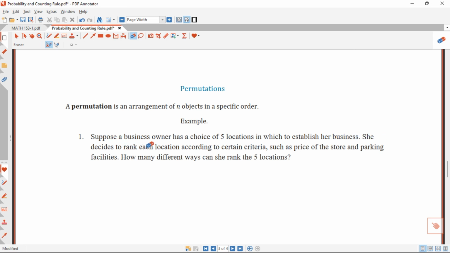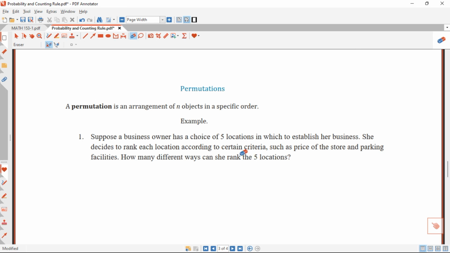She decides to rank each location according to certain criteria, such as price of a store and parking facilities. How many different ways can she rank the 5 locations?